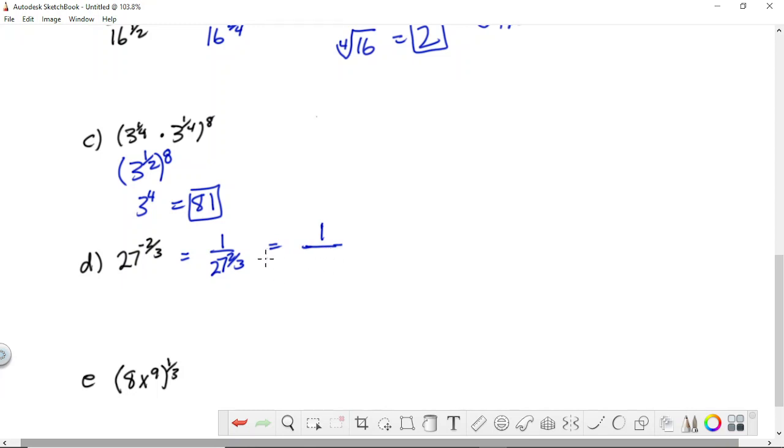Okay, so the denominator is 3, the numerator is 2. The numerator is our exponent on 27, 2. And that denominator is the index of the root, and that's 3.